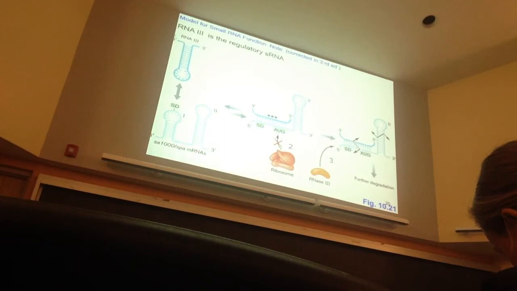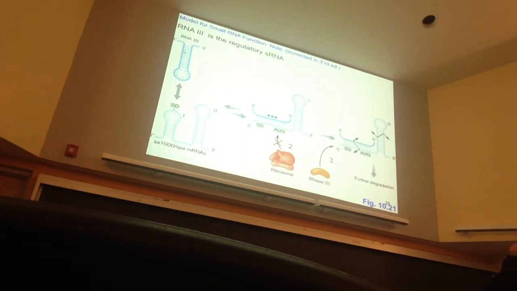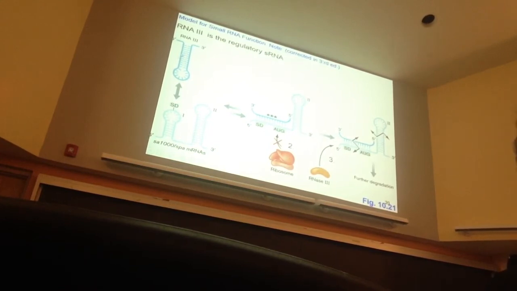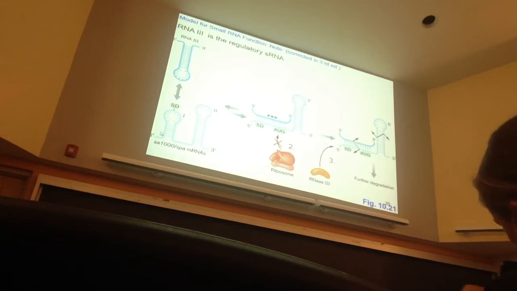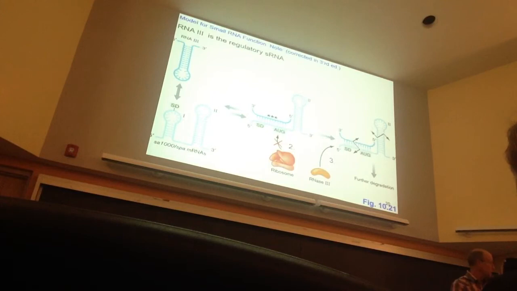There's a black and red problem in the figure. Okay, so here is your regulatory small RNA, and it is in secondary structure. It's base pair matching with itself and forming a hairpin loop structure, which is commonly formed in RNA molecules. And then here is the gene, the messenger RNA, that needs to be translated.